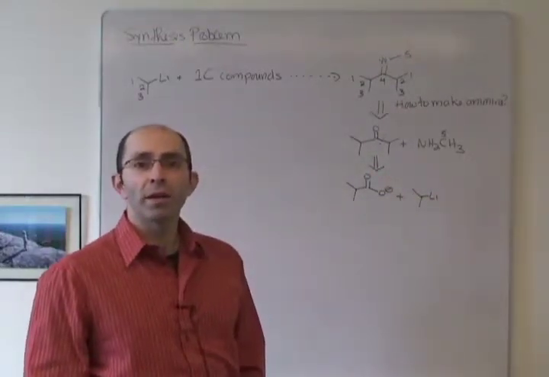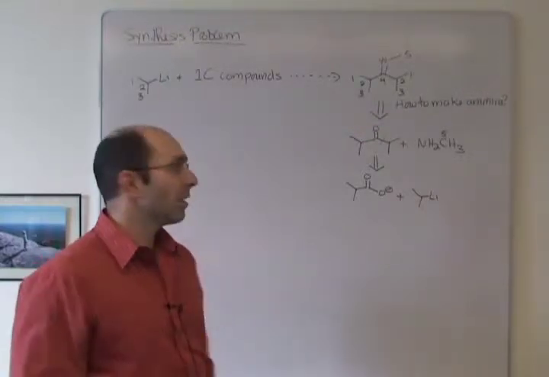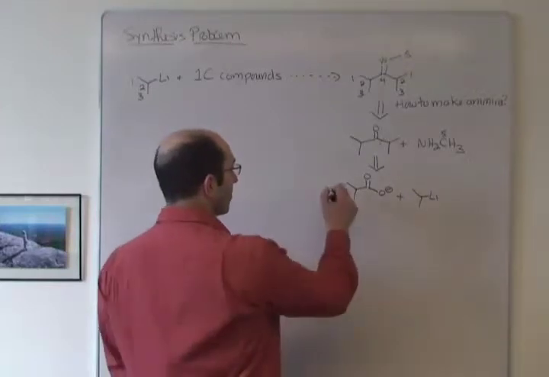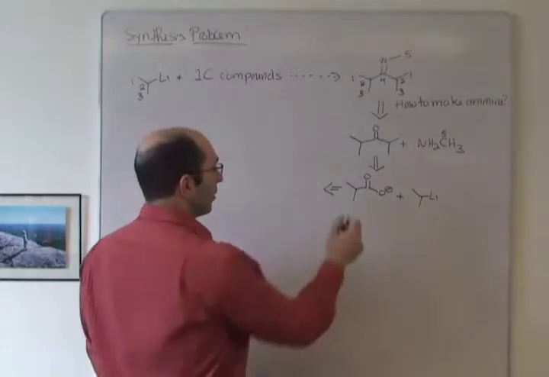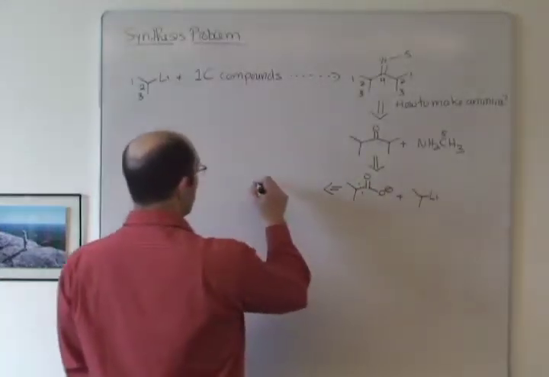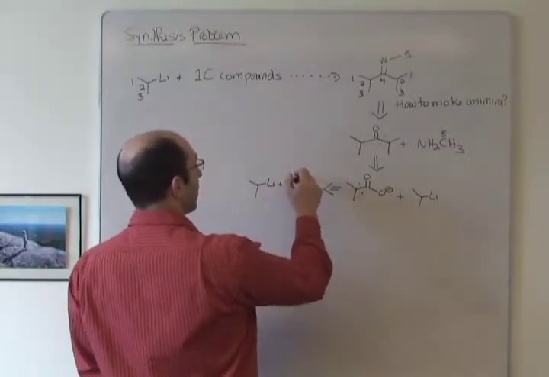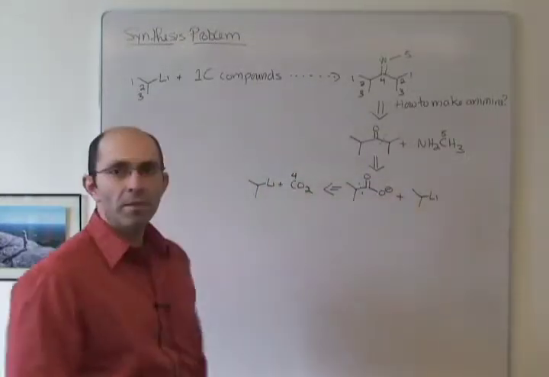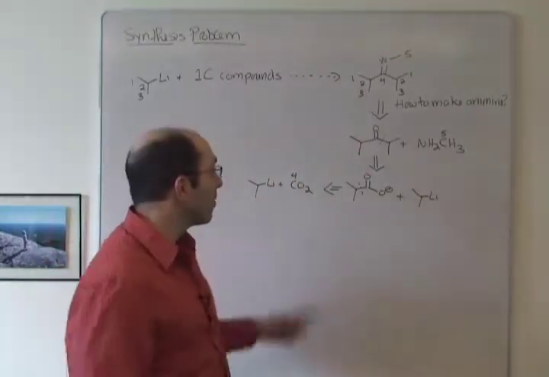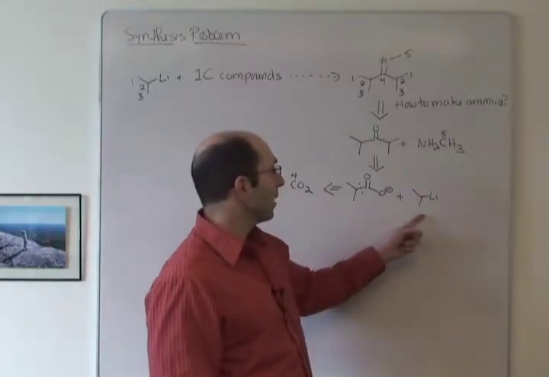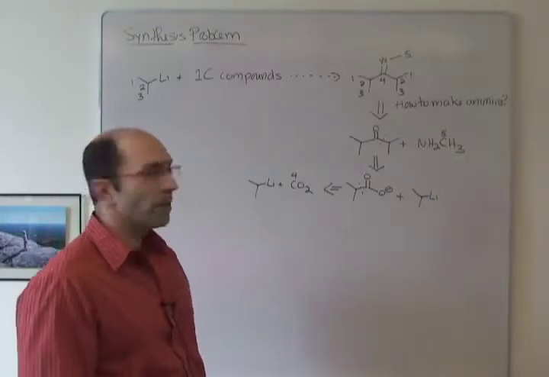That was one of those mechanisms with some steps that were a little bit strange, where it went through a hydrate and then it collapsed to a ketone. Then hopefully when you see this carboxylate anion, you remember that you can make that by reaction with carbon dioxide, and there's carbon number 4. So I think that's a really nice way to think about this, if you remember this step where you have the carboxylate anion plus the alkyllithium.